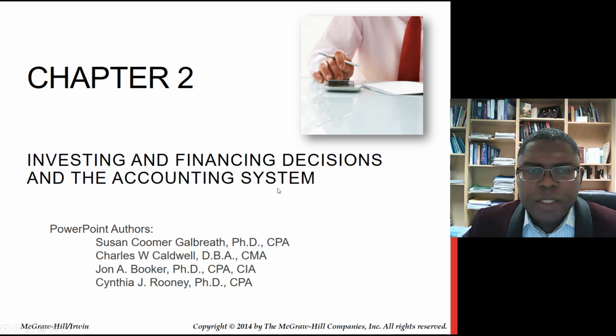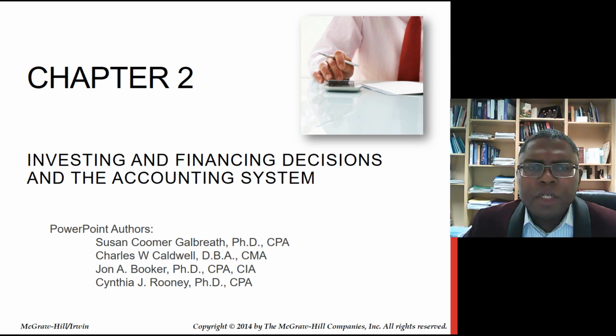In Chapter 1, we discussed different types of transactions or decisions that take place in a company. We spoke about operating activity, investing activity, and financing activity. We will look at the effect of operating activity on the accounting system later on.